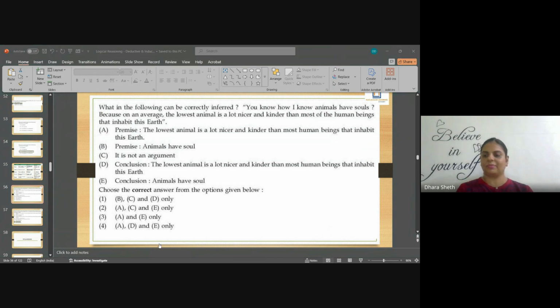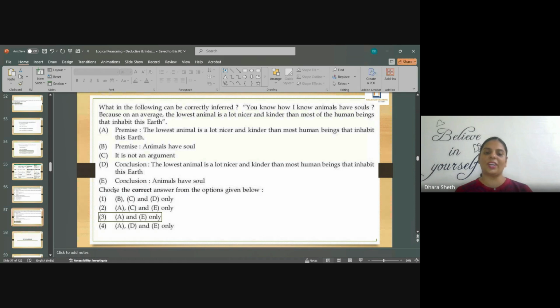Great job. Great thinking, going in the right direction. The premise is the lowest animal is a lot nicer and kinder than most human beings that inhabit this earth, which leads to the conclusion that animals have soul. Here we are not talking about whether it is valid, cogent, strong, or sound.